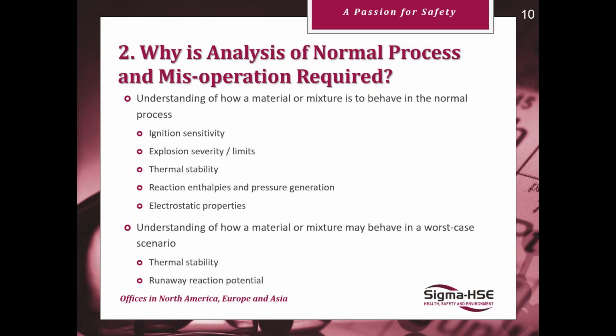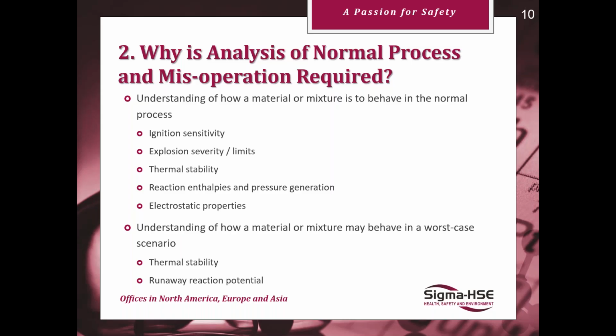Also, explosion severity limits, so that if this is really designing for a worst case, that if an explosion occurs, any generated pressure can be diverted safely away from staff, population nearby, from expensive plant within the facility. Additionally, thermal stability.